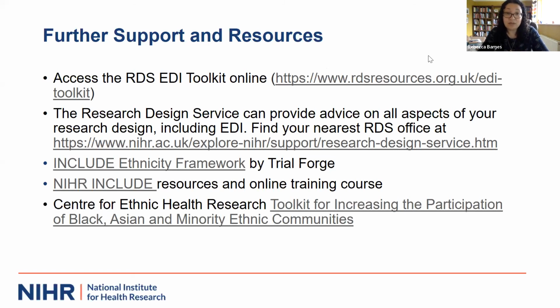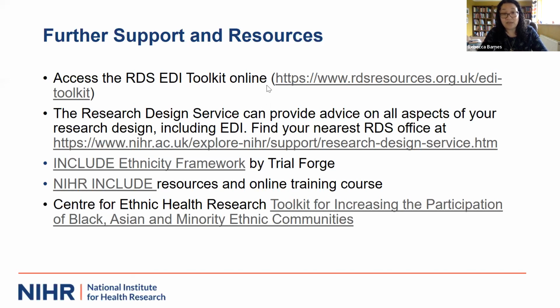There's some other useful resources. There's the Include Ethnicity framework from TrialForge, particularly useful for trialists to think about which groups need to be included in their trial. And then there's the NIHR Include initiative, which includes an online training course about underserved groups and how to reach out to underserved groups.